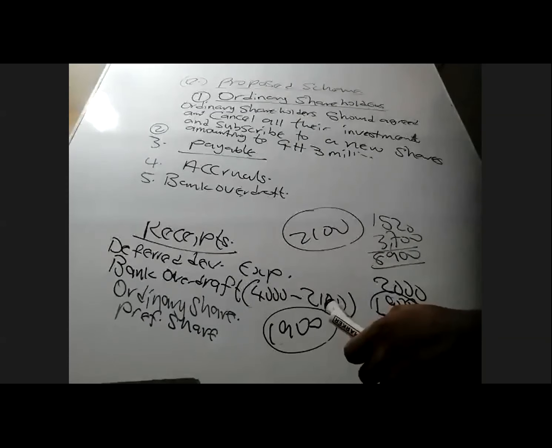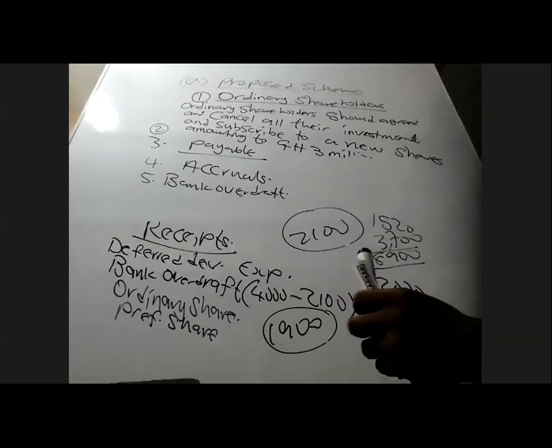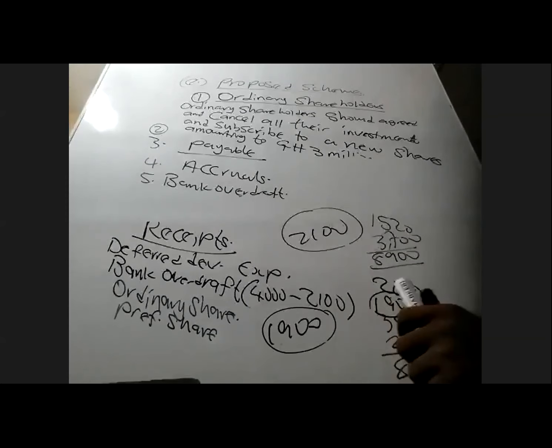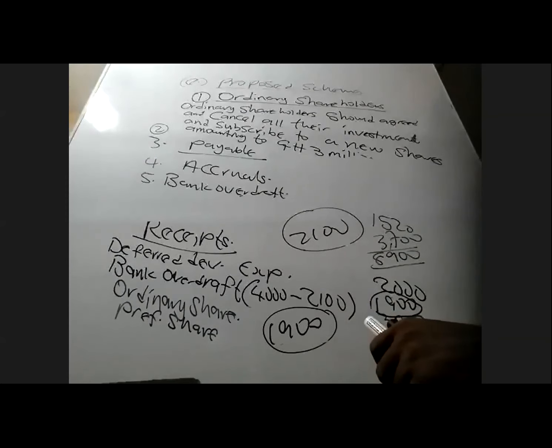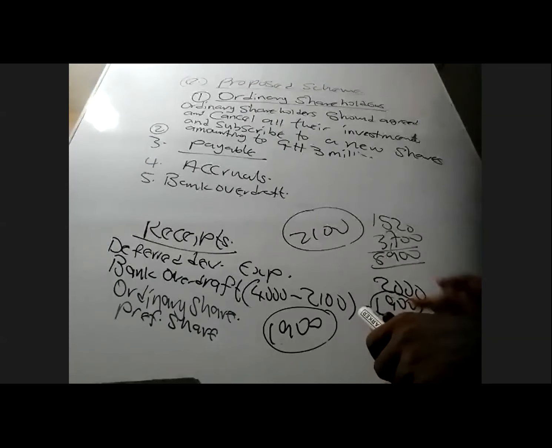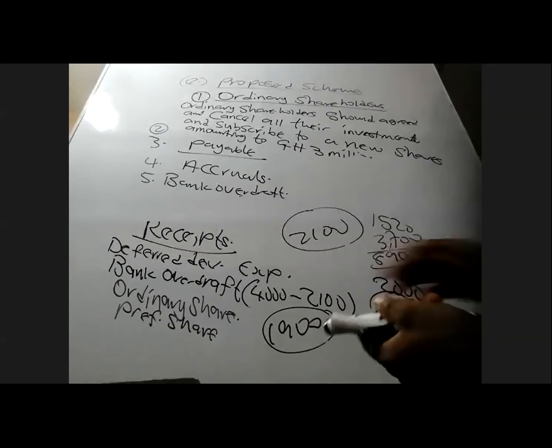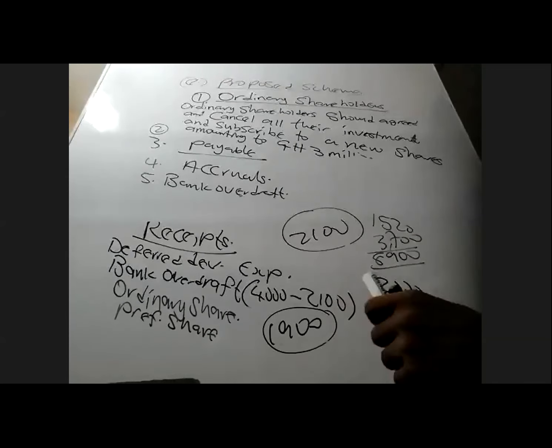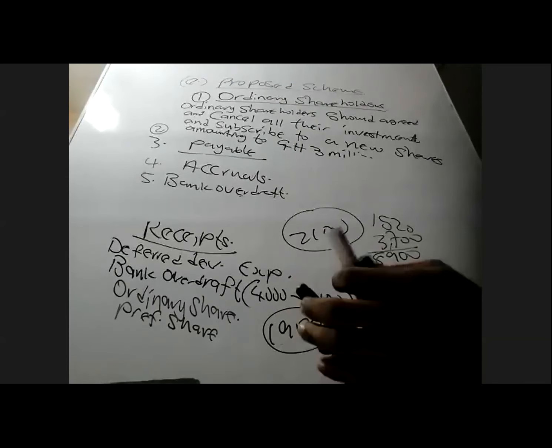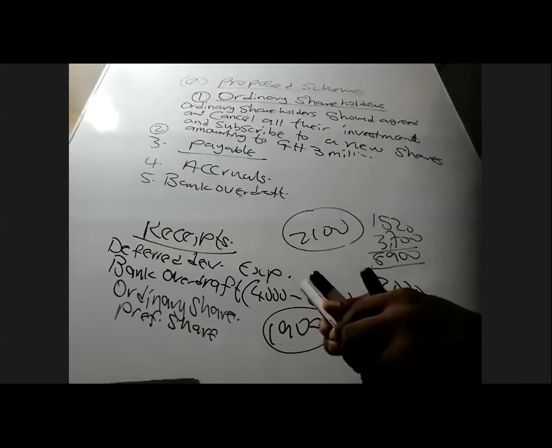So in short, for overdrafts, first of all, the bank should agree and grant us an additional overdraft of 1,900, and this will be converted into a long-term loan at an interest rate of 20% or 25%, any percentage at all, at the rate of 25%, secured on the company's inventory.